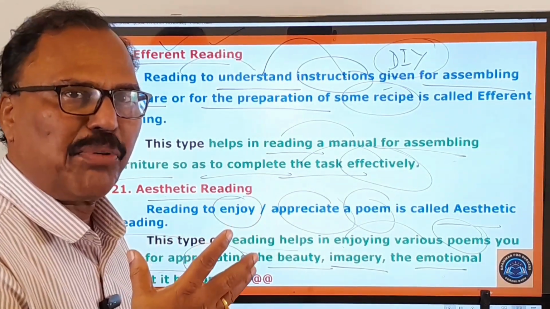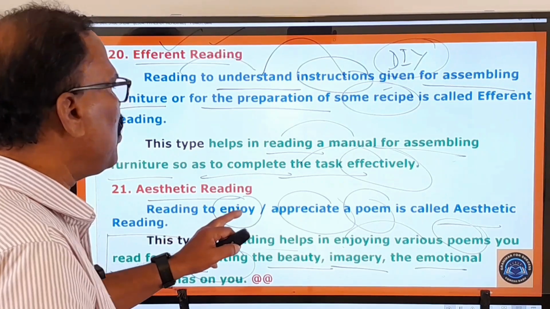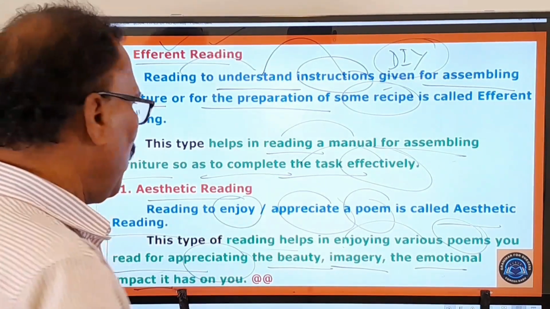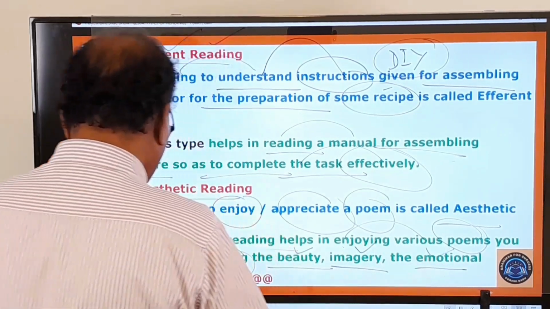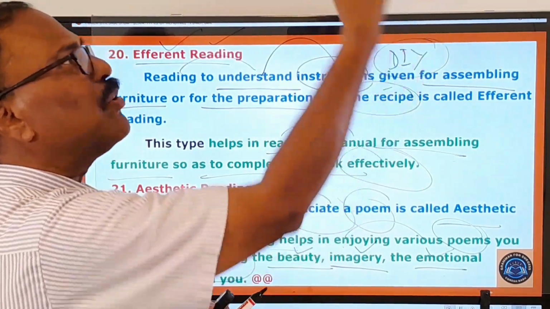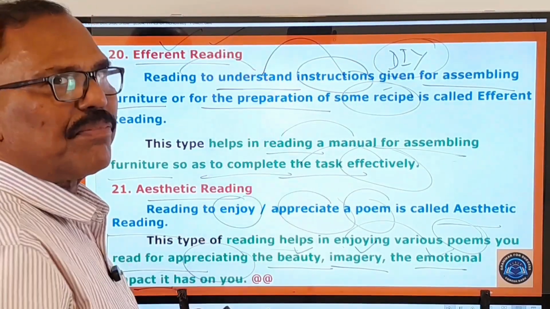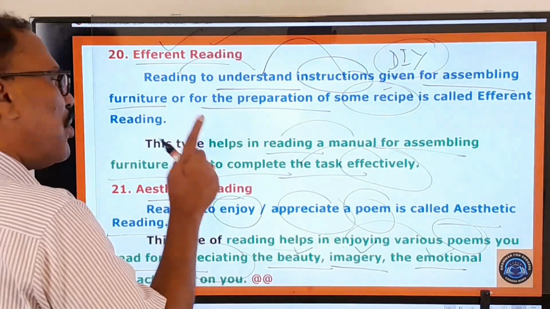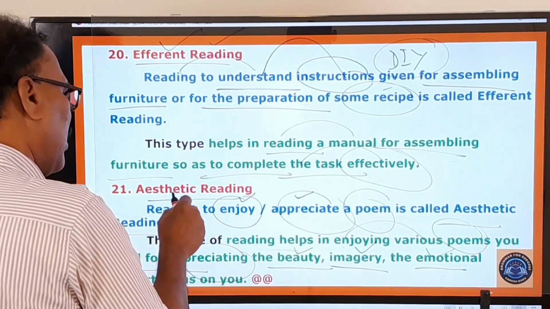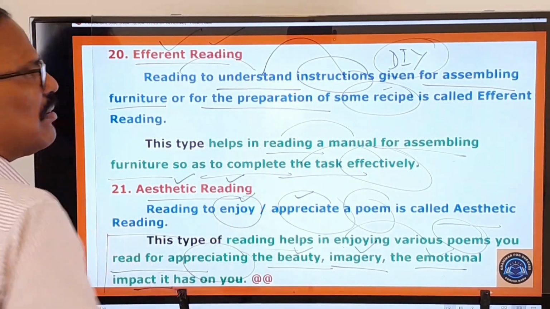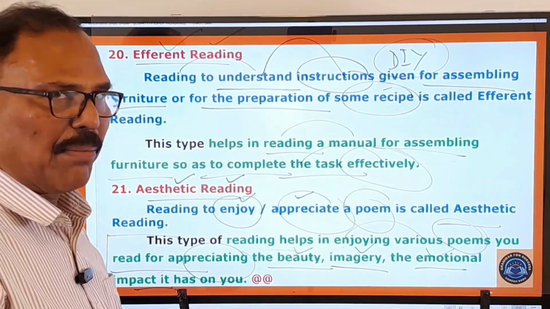Why do you read poems? You read only for joy, okay? Only to enjoy and appreciate a poem. And you want to see the beauty of the poem, the imagery of the poem, the emotional impact the poem has thrown on you. To see all those things, you read that poem. So, reading poems for enjoyment and appreciation is called aesthetic reading. Okay, that is there. So, with this, the types of reading will come to an end.